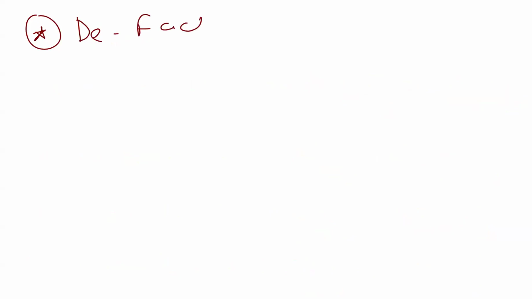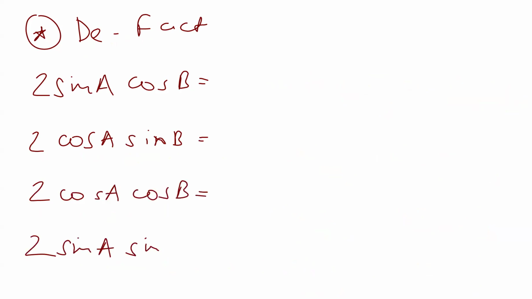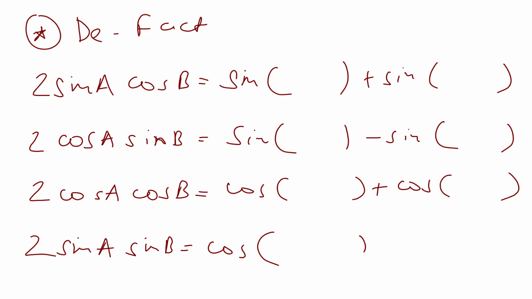Defactorization is the opposite of factorization. 2 sin A cos B, 2 cos A sin B, 2 cos A cos B, 2 sin A sin B. So this is sin plus sin, sin minus sin, cos plus cos, cos minus cos.